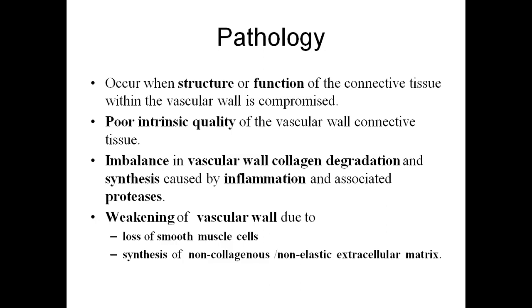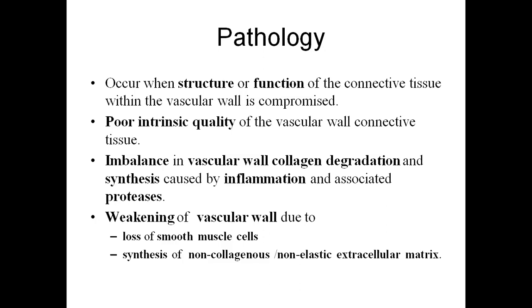So, what is happening is that the connective tissue of the vessel wall, although it does have a tendency to degrade, gets replaced by a fresh lot of connective tissue. But if there is some imbalance between them, that is, the degradation rate stands out to be higher as compared to that of the synthesis, then we will have such a type of defect.